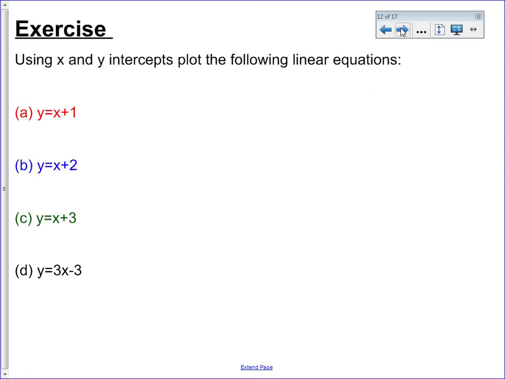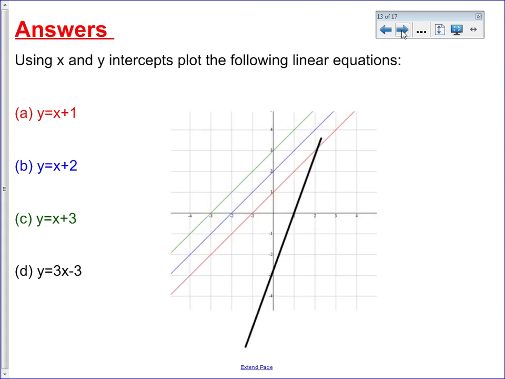Okay, here's an exercise. Have a go at finding the x and y intercepts and then plot the following linear equations. Okay, pause the video, and after the pause I'm going to put the solutions. Okay, so hopefully you've plotted those linear equations, and here are the solutions.